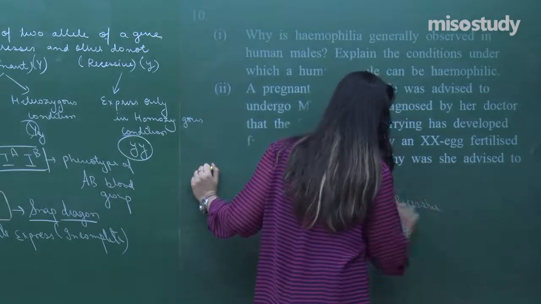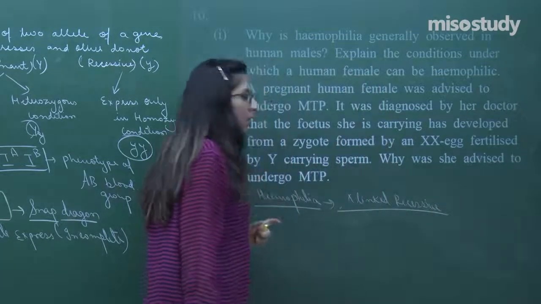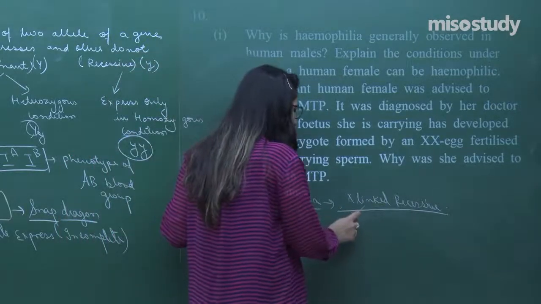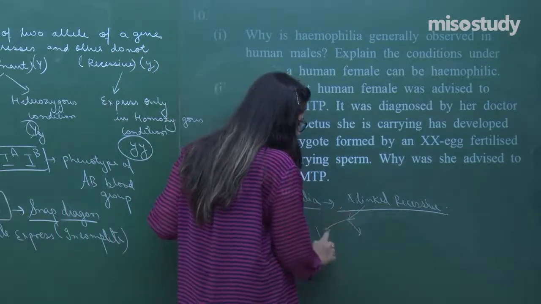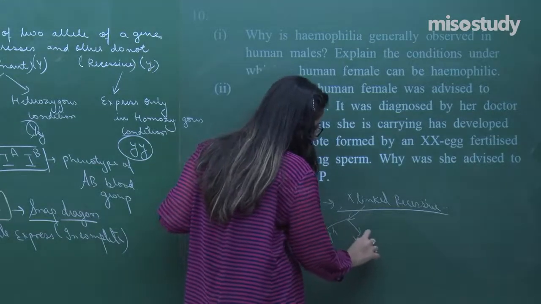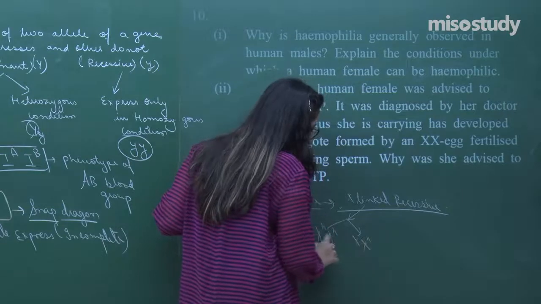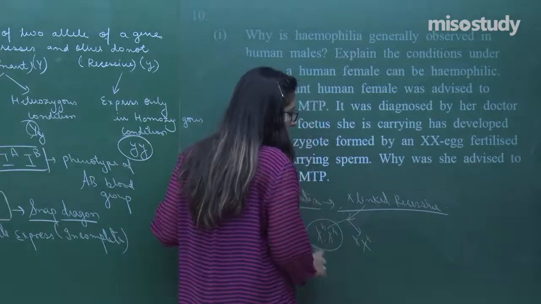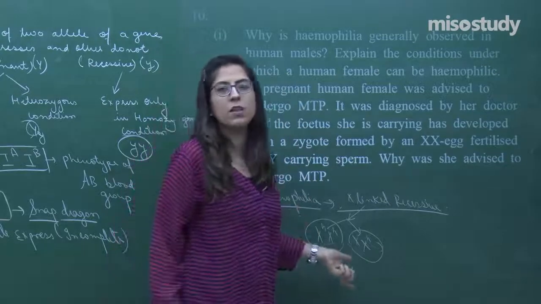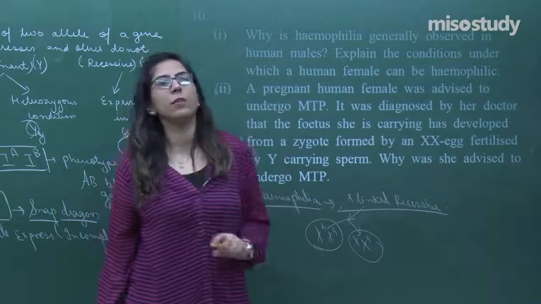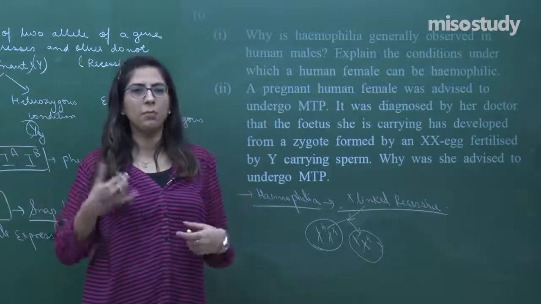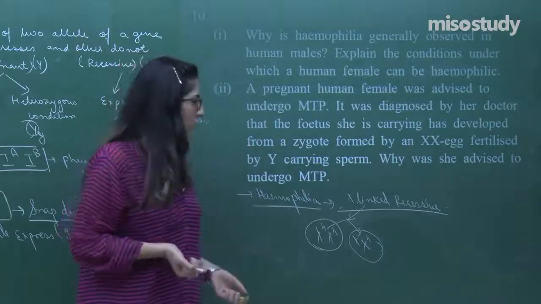So when we talk about a female, it is present in two forms: either a female is completely hemophilic or a female is just a carrier. A completely hemophilic female will not be able to survive because the blood will not coagulate, so after some time of birth, they used to die.